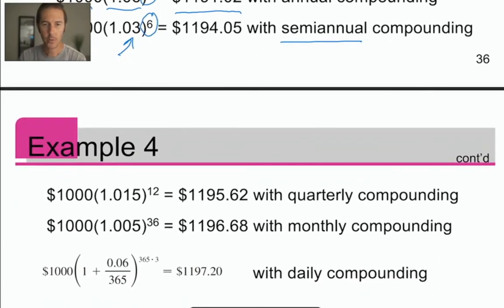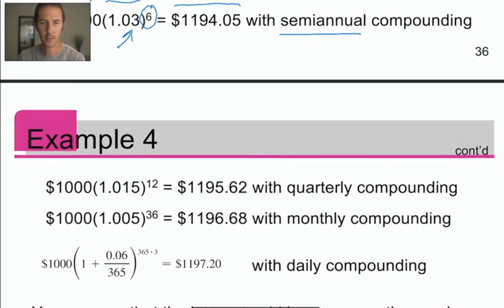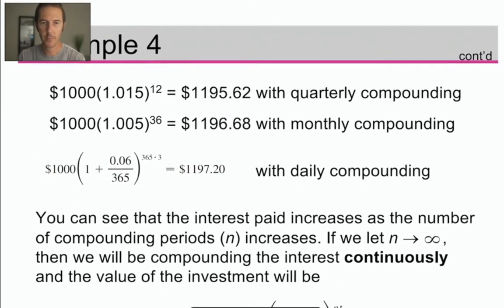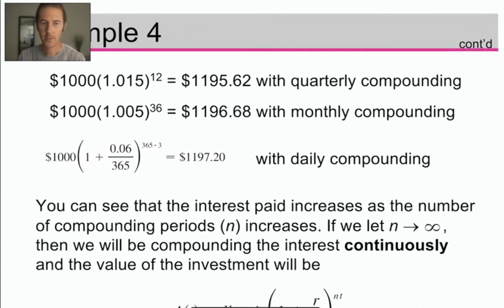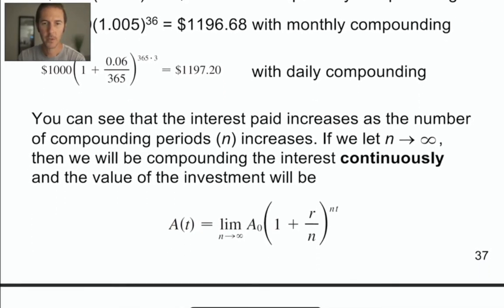And if it's quarterly, you end up with another $1.50 or so. And if you compound monthly, you end up with even more. And if you compound every day, these are only very small differences. But we're looking at a modest interest rate with a relatively small starting amount of $1,000.